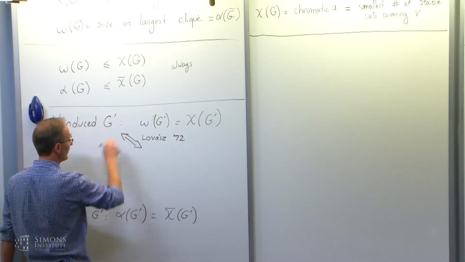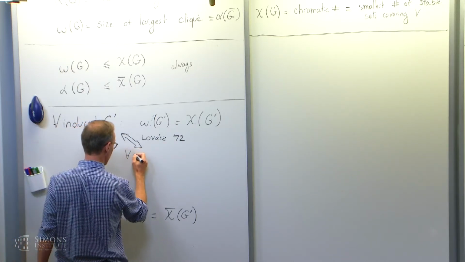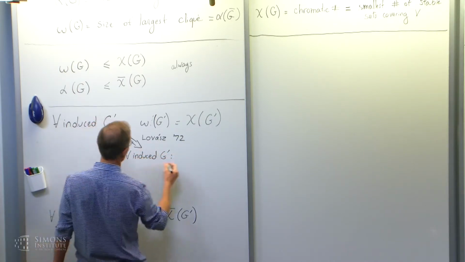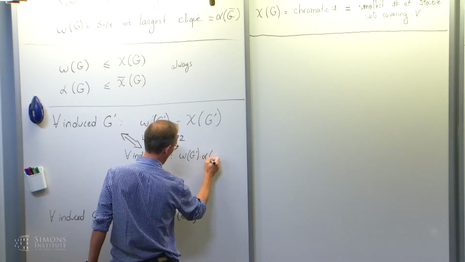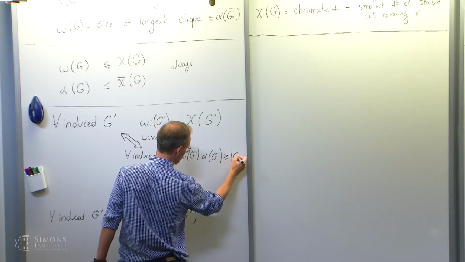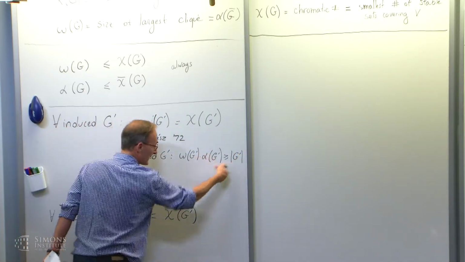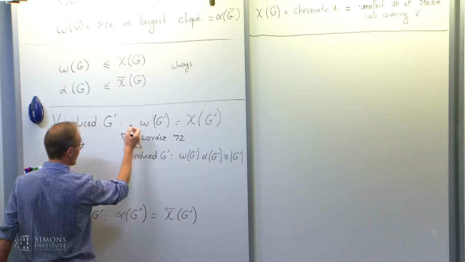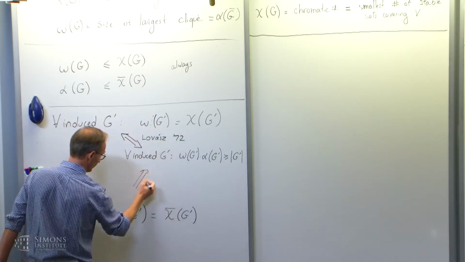He showed that this condition is equivalent to saying that for all induced subgraphs, you have that omega of G prime times alpha of G prime is at least the number of vertices of the graph. And so that's clearly symmetric when you take the complement. And so that means that Lovász also showed that this class of graph is equivalent to that class of graph.